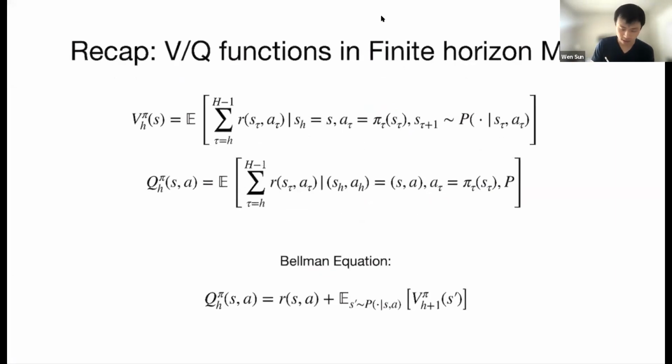One thing I want to emphasize is that we do not have any discount factor, so this is just a straight sum over time steps. And remember that the action at time step tau is taken by the policy indexed by tau. Let me write this out. During the semester, we're going to often use this notation for the finite horizon Markov decision process.